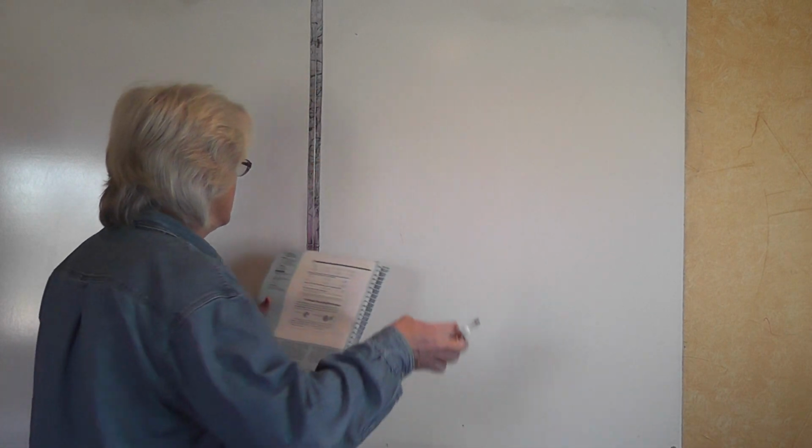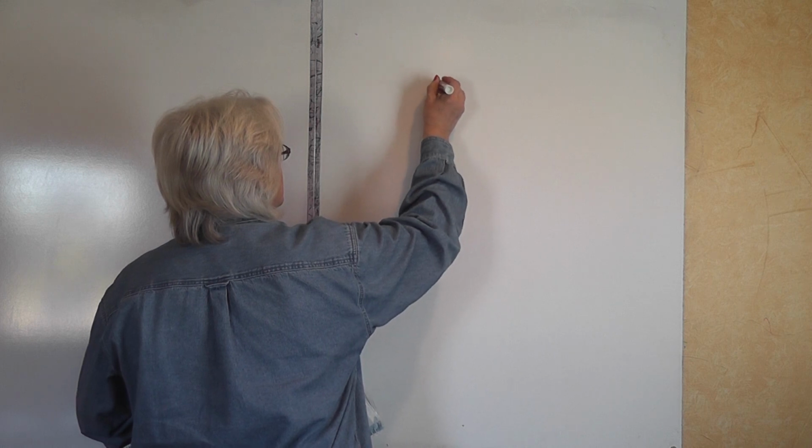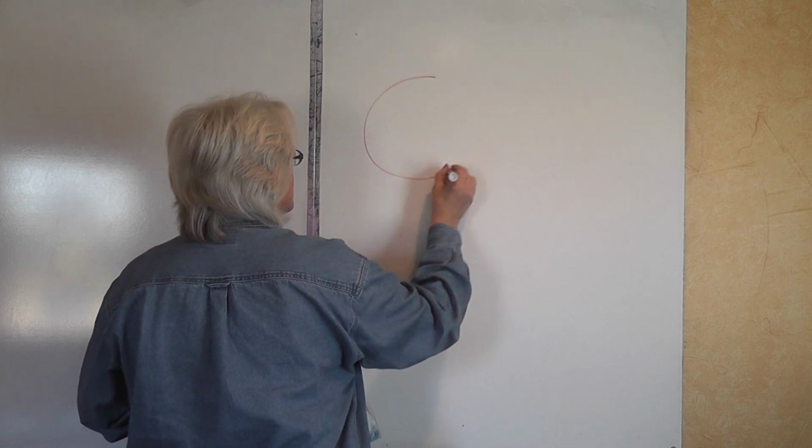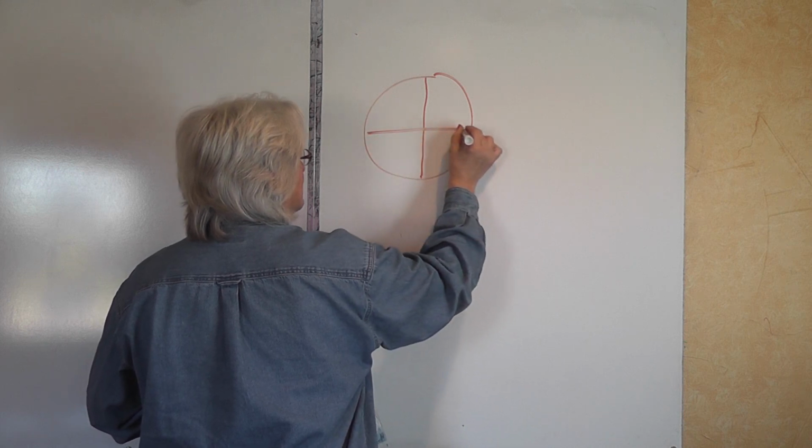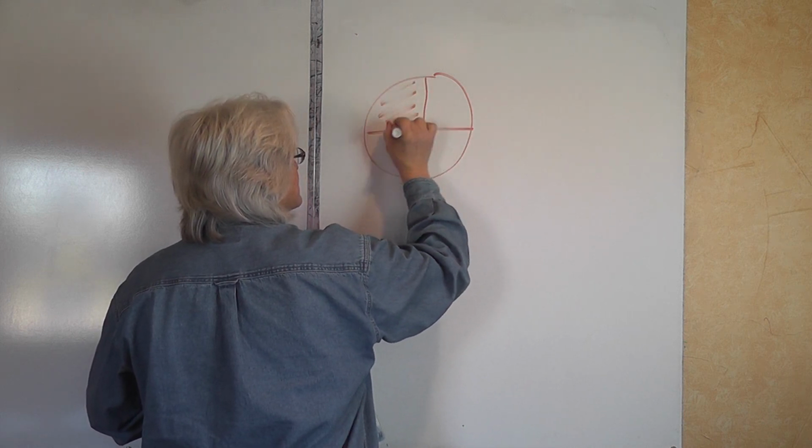So, I am on page 180, and we are going to be talking about the difference between a proper fraction and an improper fraction. So first, let's just show this fraction here that I have divided into 4 parts.